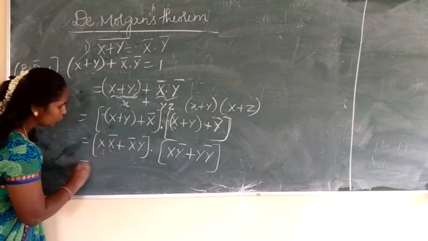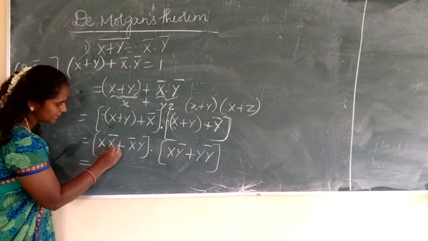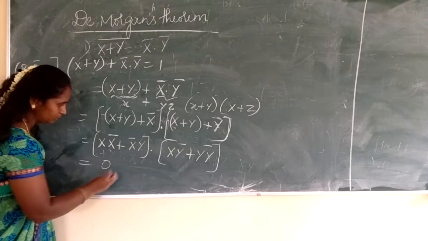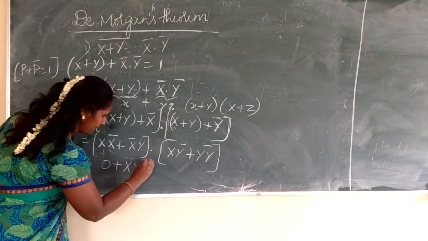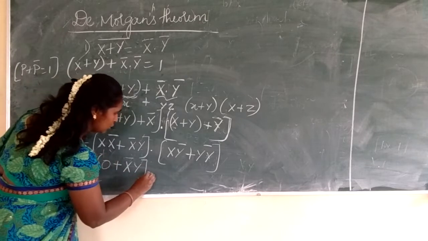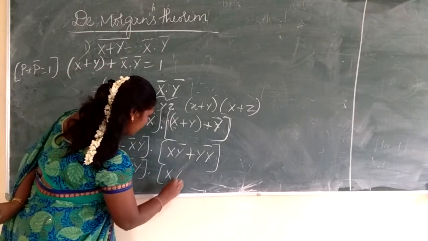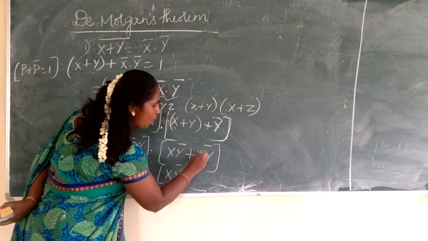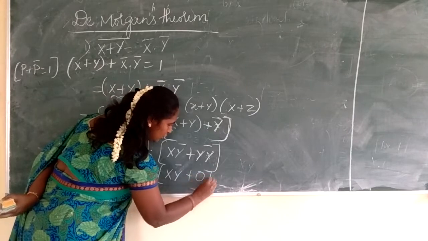Now you know that complementary law, x into x bar, that is nothing but 0, plus x bar y into, okay, now x y bar as it is. Now y into y bar, again it is using a complementary law, it is 0.